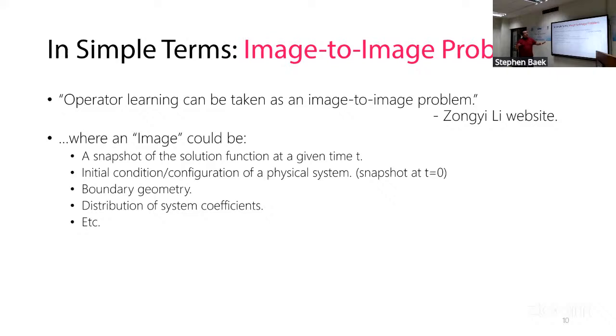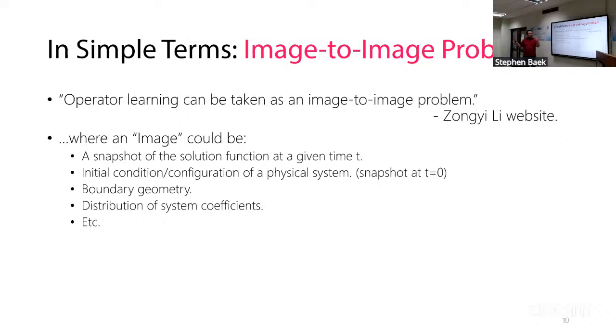So given that a neural operator is essentially just an image-to-image mapping neural network, the image could be various different things. For example, an image could be a snapshot of the solution function at a given time t. That's usually the output that we want to predict, right?